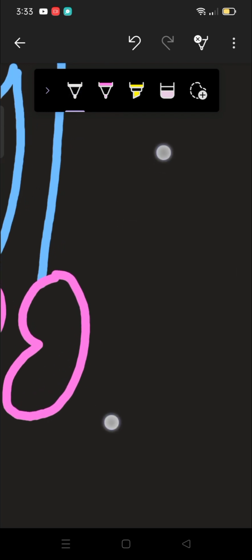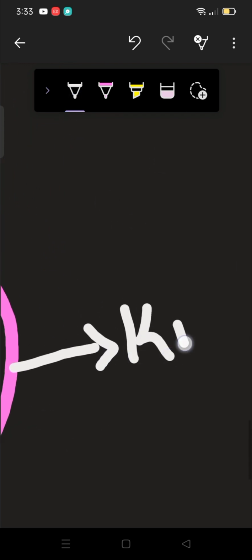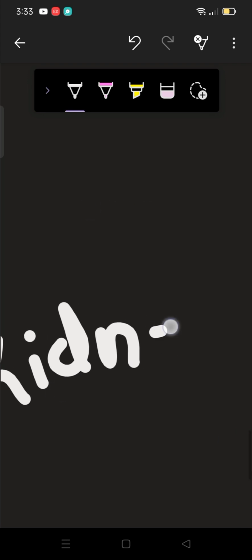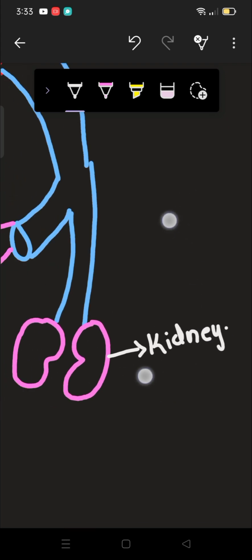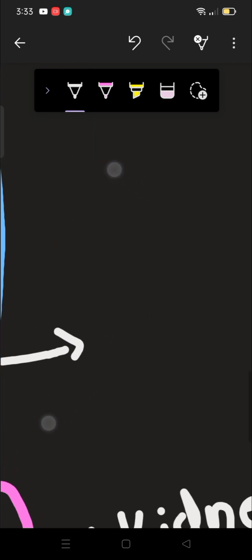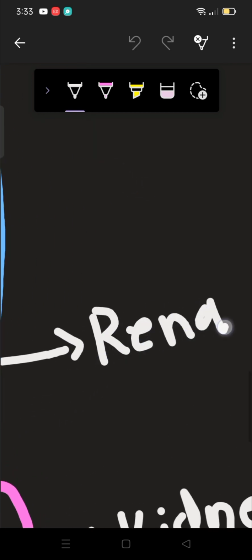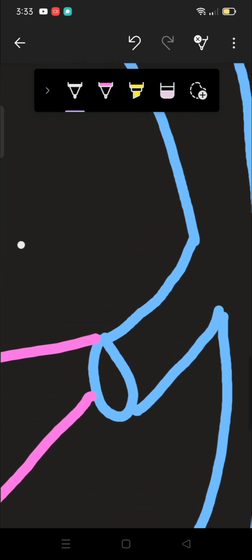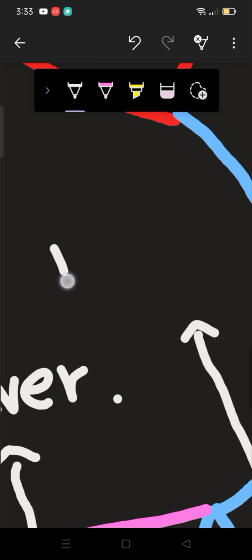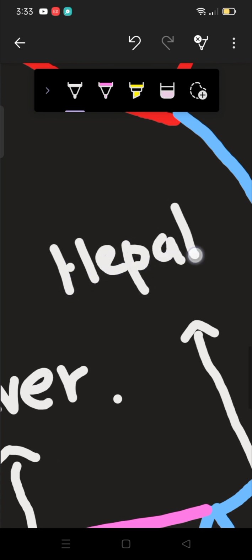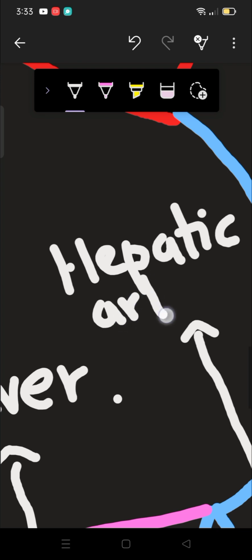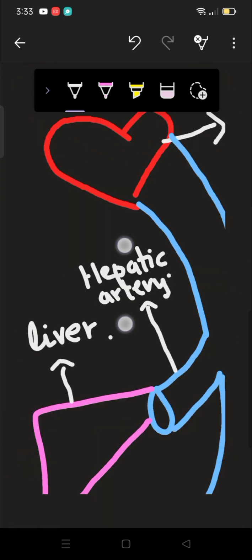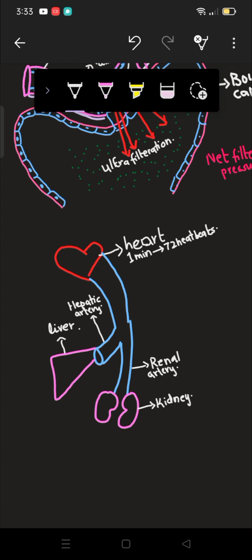These are known as kidneys. And this artery is known as renal artery. And this is known as hepatic artery. Alright. So the artery which is going to the liver is known as hepatic artery, and the artery which is going to the kidneys is known as renal artery.